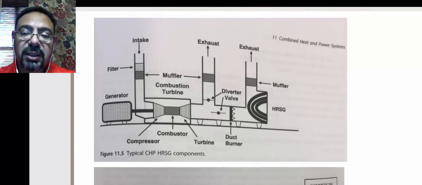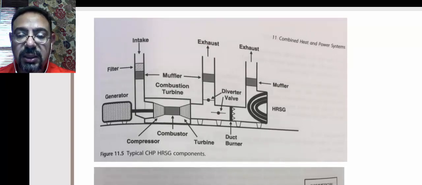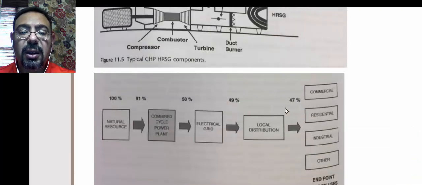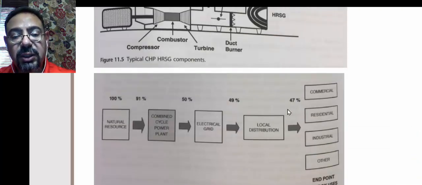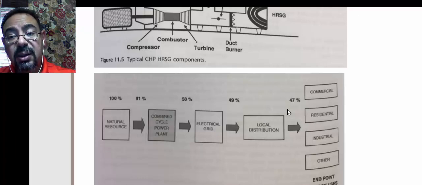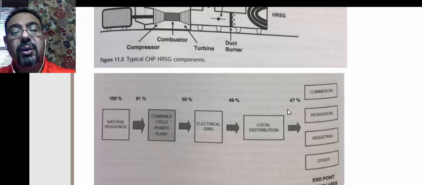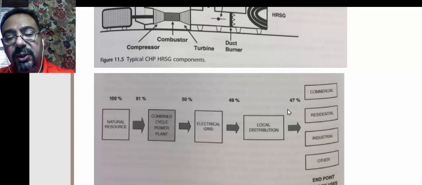And that still needs to be hot so that you wouldn't condense the water vapor. So you're gonna lose energy in the exhaust. You lose energy maybe because the combustion is not complete, right? So 91%. And so with an efficiency as high as 55% over here, you will end up with only 50% because it's 55 of the 91. And so now only 50% is being transferred into electric power, right?